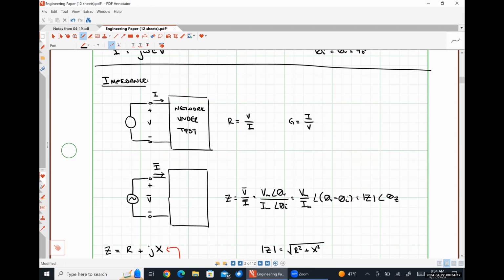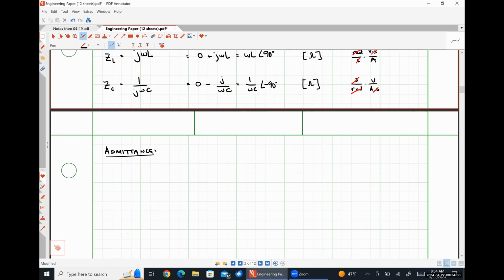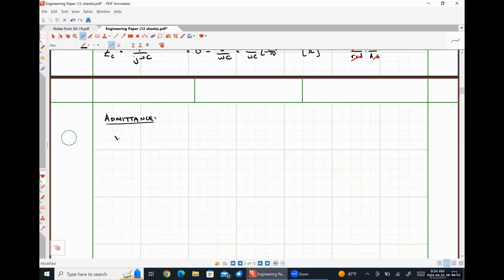Well, there is an AC equivalent of conductance, called admittance, where admittance is simply the ratio of phasor current divided by phasor voltage. Okay? So admittance Y is defined to be phasor current I divided by phasor voltage V.